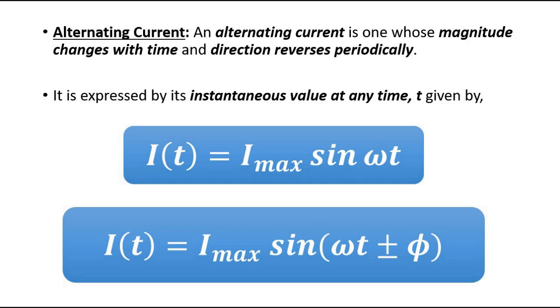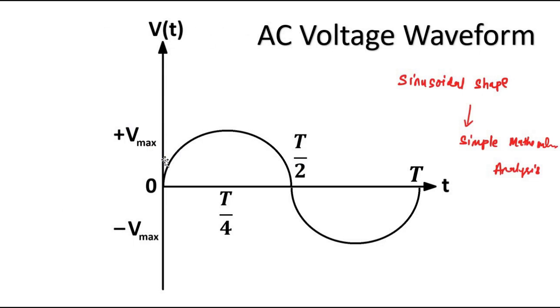So here if we plot the different instantaneous values at different time instants, let's say at t1 this is the value, at t2 this is the value of the voltage, at t3 this is the value of the voltage.